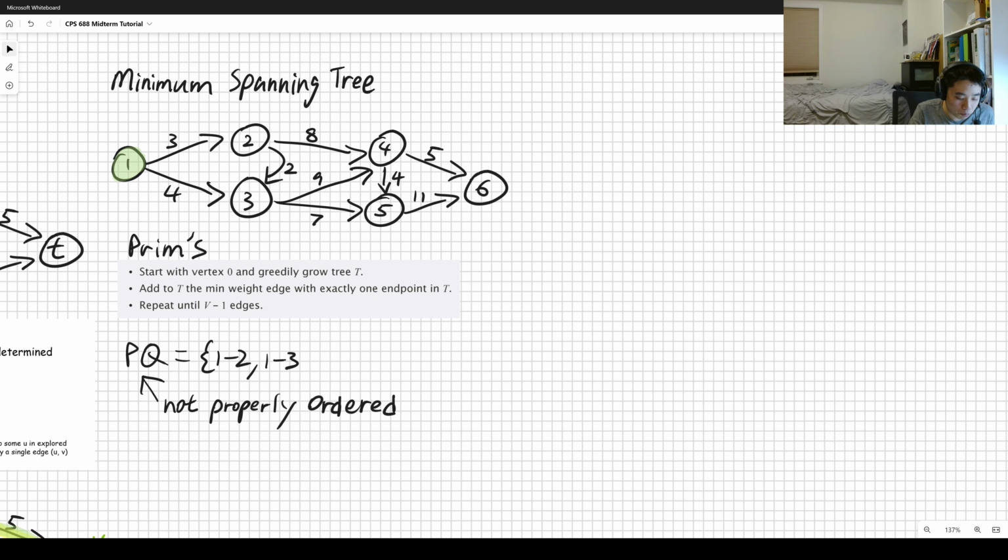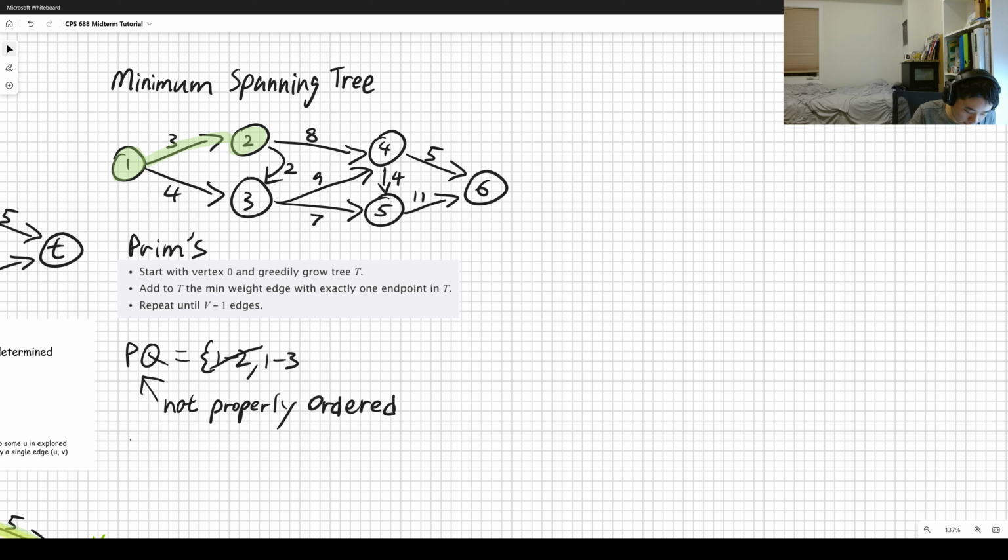Okay, so I'm going to add 1, 2, and 1, 3 to my priority queue. Now first I'm going to pick 1, 2 because 1, 2 is going to be the first in the priority queue, being the smallest explored edge. Okay, and then I will explore 2. Let me also do one more thing.